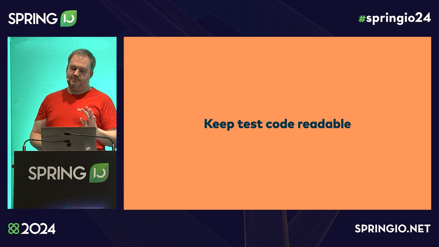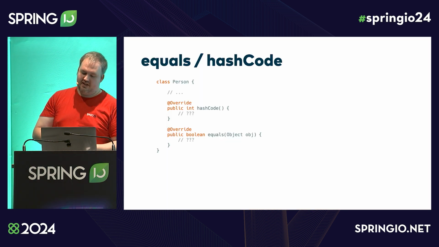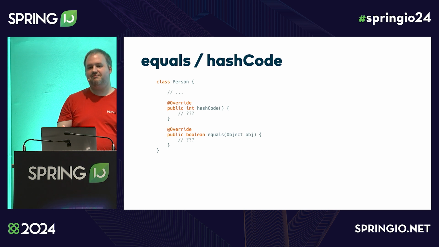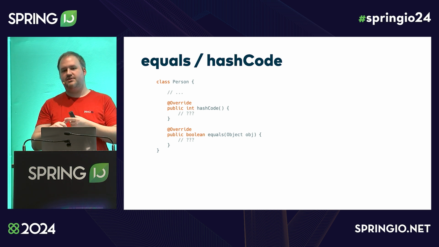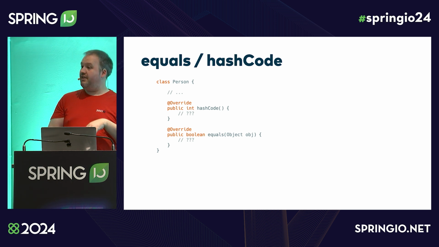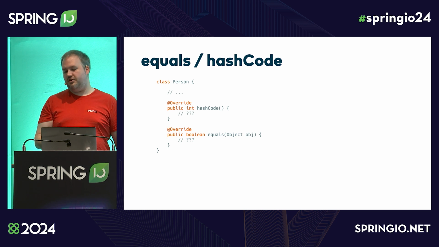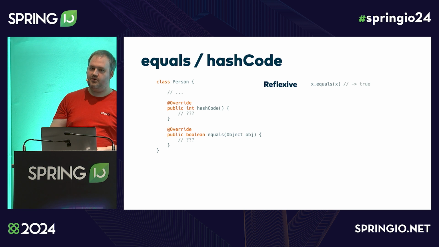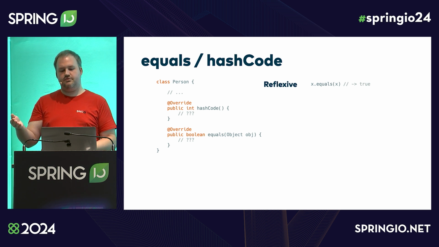And then there's one special case, equals and hashCode. I know we don't need to implement them ourselves. We can use records, we can use stuff like Lombok or something, but sometimes we have to implement it ourselves. And I think you all know what is required for equals to be valid. It needs to be reflexive, so x equals x needs to be true.